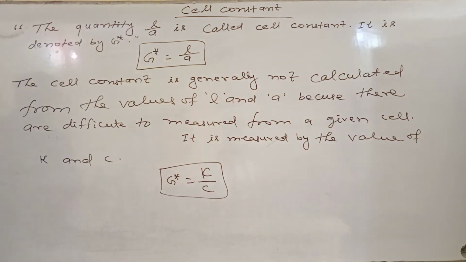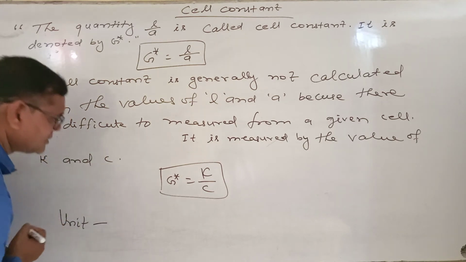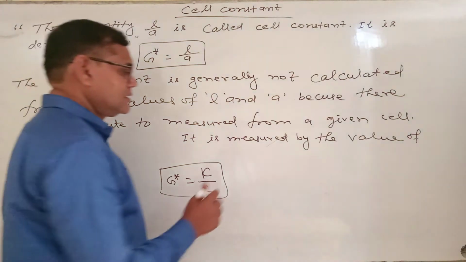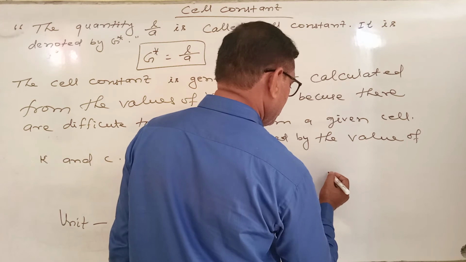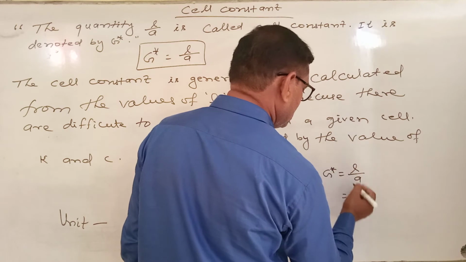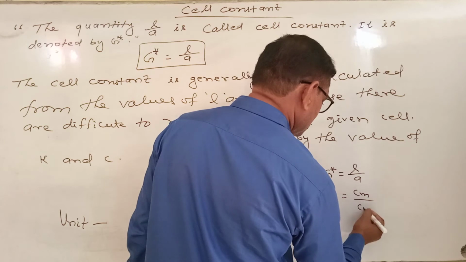Now we write the unit of cell constant. G star is equal to L upon A. The unit of L is cm, and the unit of A is cm square.